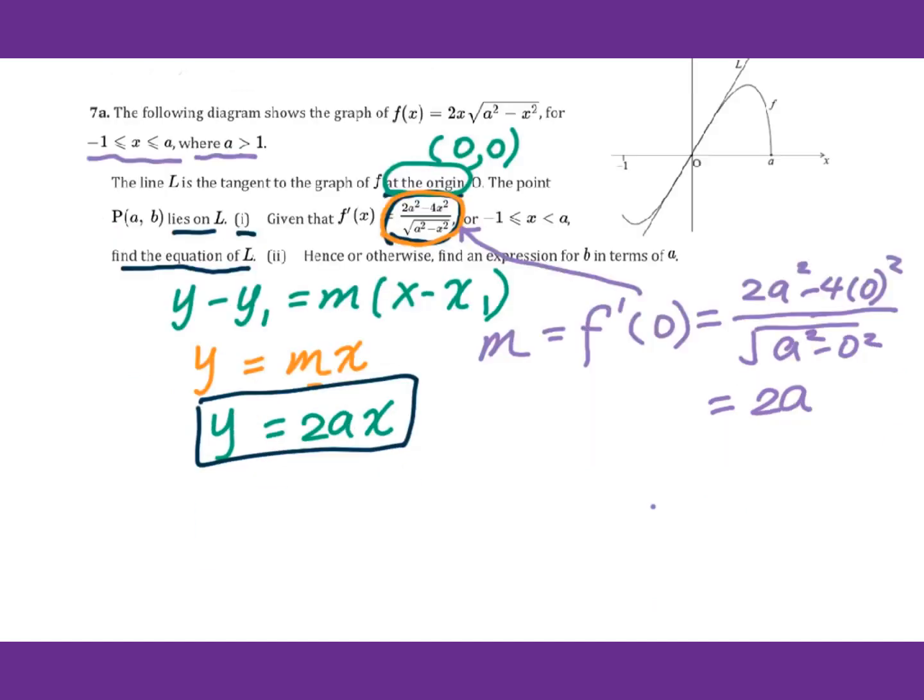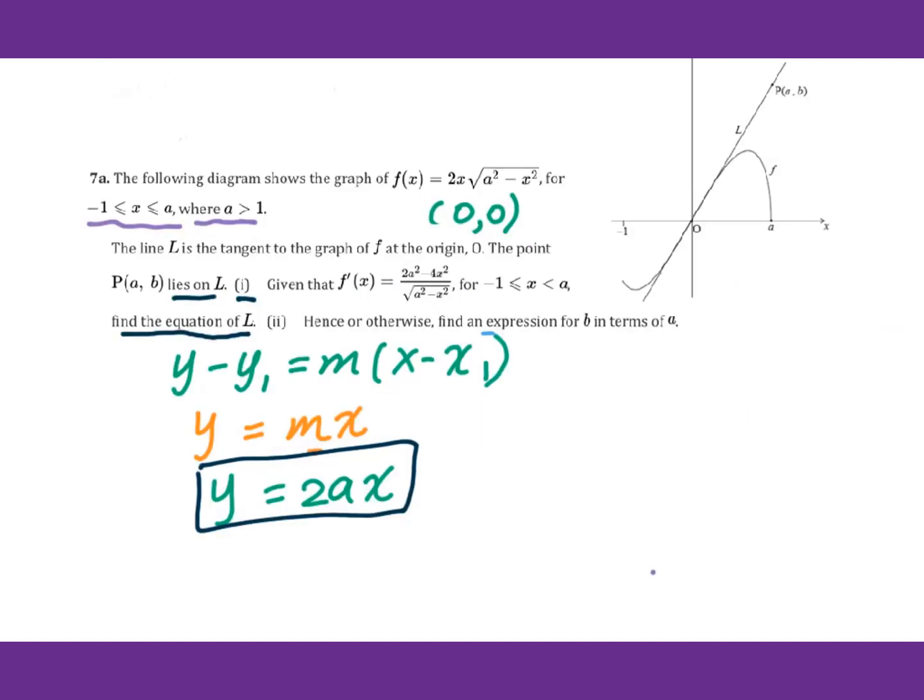Hence, or otherwise, find an expression for b in terms of a. Since P(a, b) is on the line L, in other words, we can plug in x equals a, y equals b into this equation.